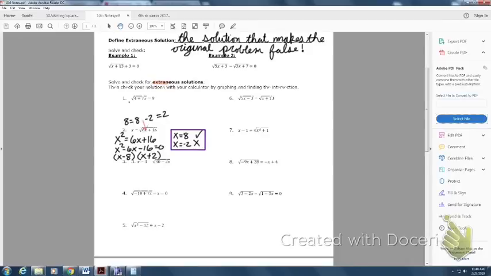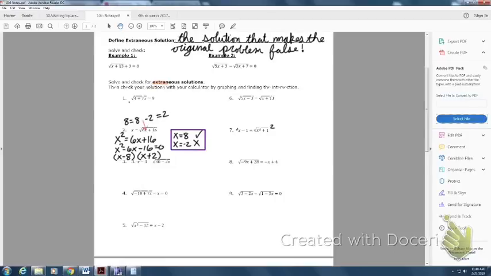Alright, so let's go through 7. So, Andy, what's the first thing I need to do? Square it. Okay? So whenever I square it, now don't write this down yet. Is that correct? No. Okay, why not? What do I need to do to that left side?